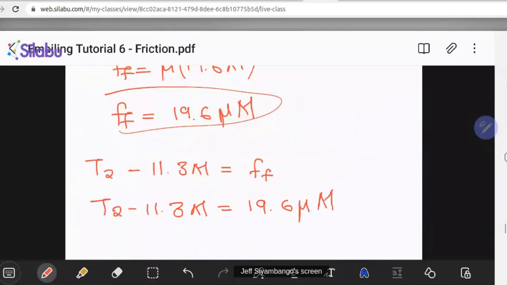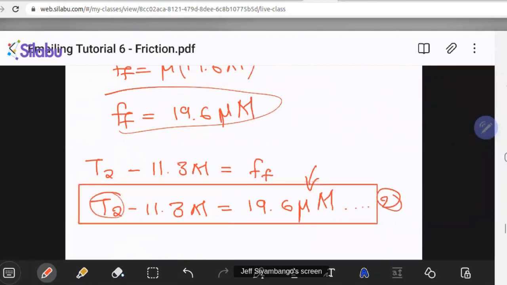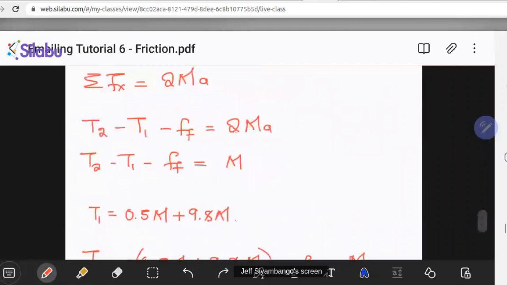What we're trying to find here is the coefficient. So let's hold on to this as our second equation, because we can't do anything without knowing what this T2 is and without getting rid of what the m is here. So let's go to the only part where we haven't touched yet, which is block 3.